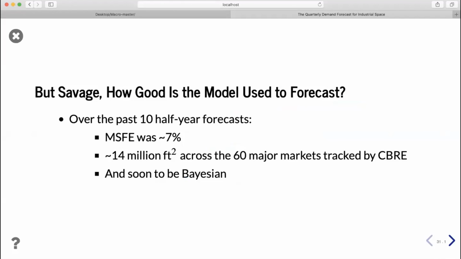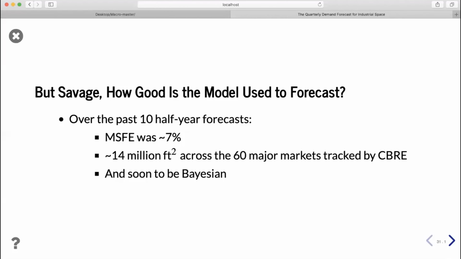But Savage, how good is the model used to forecast? I do this for industrial twice a year. Over the past 10 half-year forecasts, the mean squared forecast error, which is to say the deviation from actual once it's observed, is about 7%.